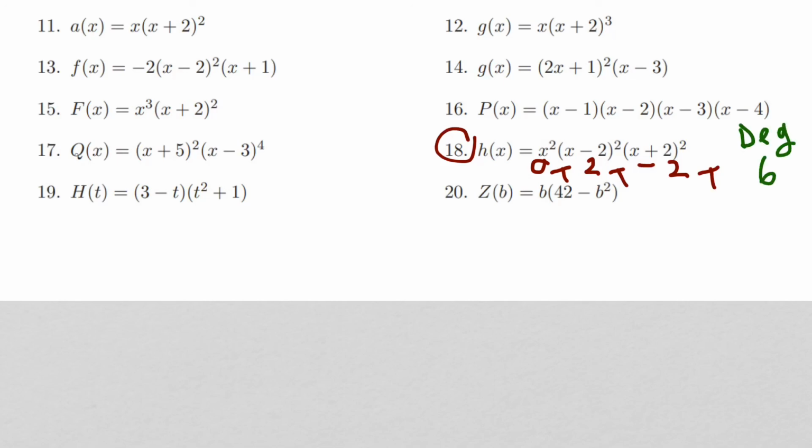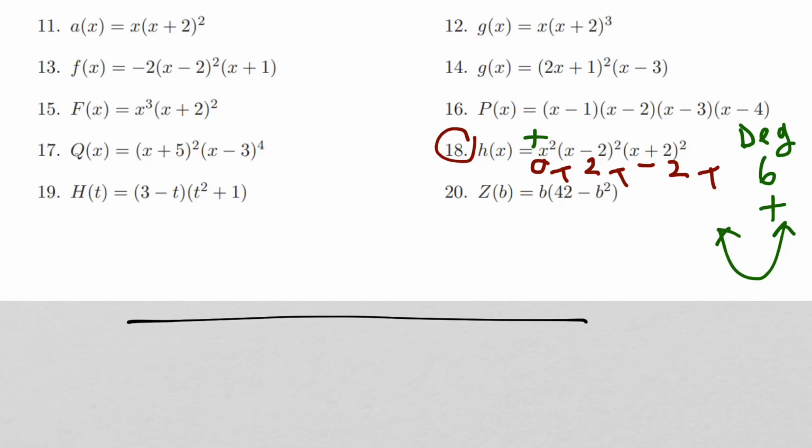And then I've got a positive leading coefficient. So that means that's an even function with a positive leading coefficient, so it's going to be up, up. So putting on my zeros, 1 at 0, 1 at 2, 1 at negative 2.